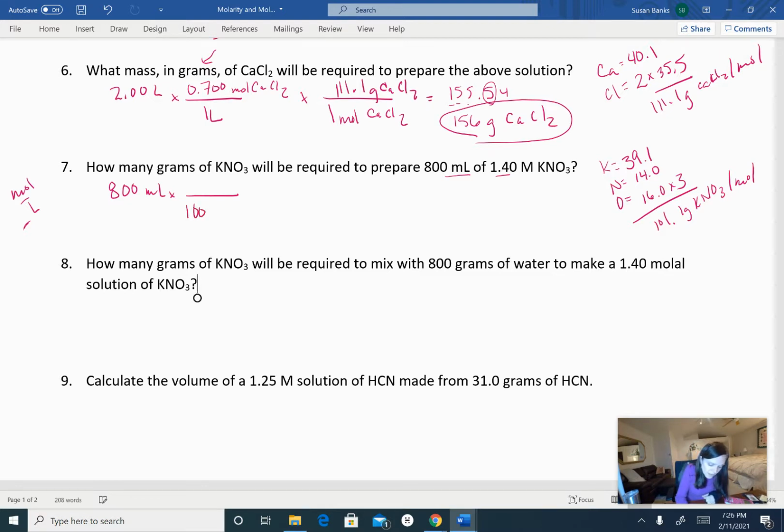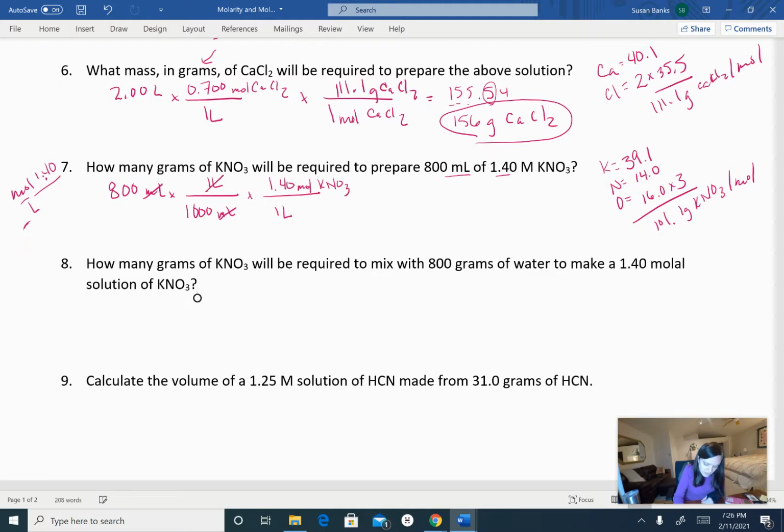So I have 1,000 milliliters in 1 liter. So my milliliters cancel out. Now I can use this concentration of 1.4 moles, right? I have 1.4 moles per liter here. So I'm going to want to cancel out my liters. So I'm going to put liters on the bottom. So in 1 liter of solution, I have 1.4 moles of potassium nitrate.